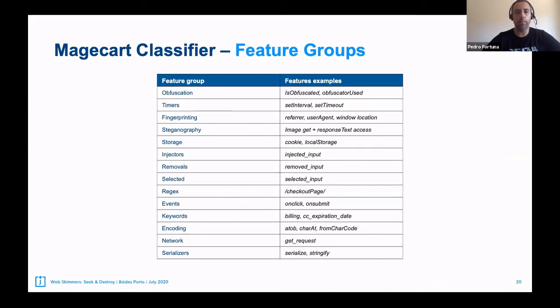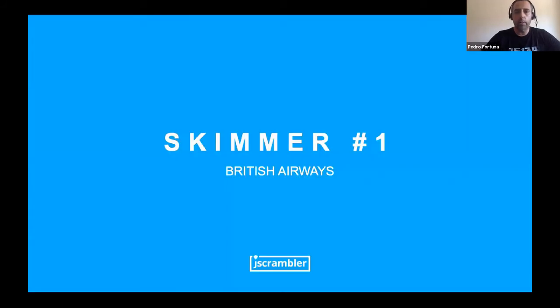We look at many different dimensions: obfuscation, access to storage, the use of steganography, encoding techniques, network access, etc. So the goal was to be as diverse as possible in order to better characterize the behavior of web skimmers.